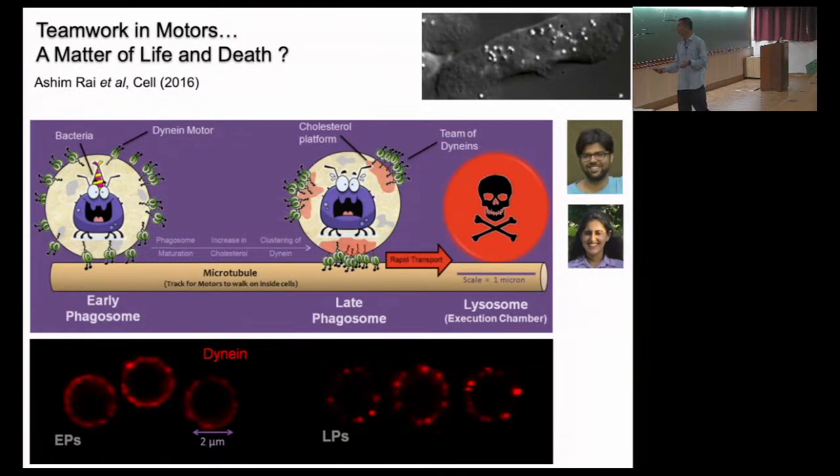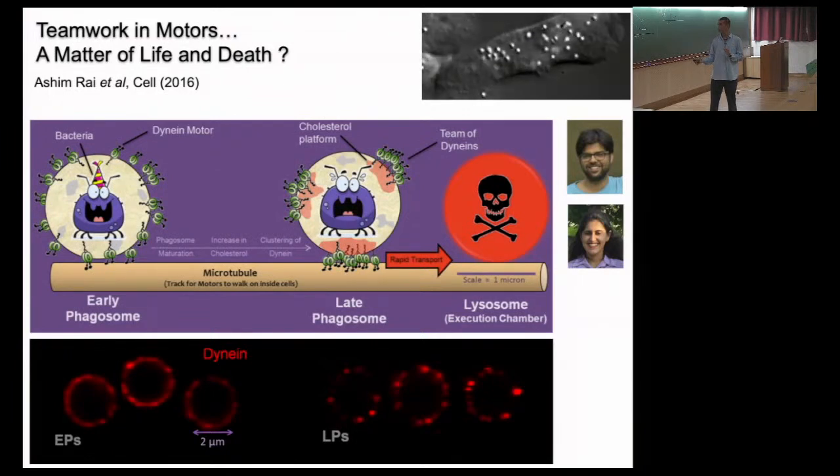But repeatedly what we see is that, so these are 2-micron diameter beads that we had phagocytosed and taken out, either at an early stage, EP means early phagosome, LP means late phagosome, okay? So the distribution of dynein on the surface was remarkably different for early versus late phagosomes, okay? You can see that the dynein is more or less uniformly distributed.